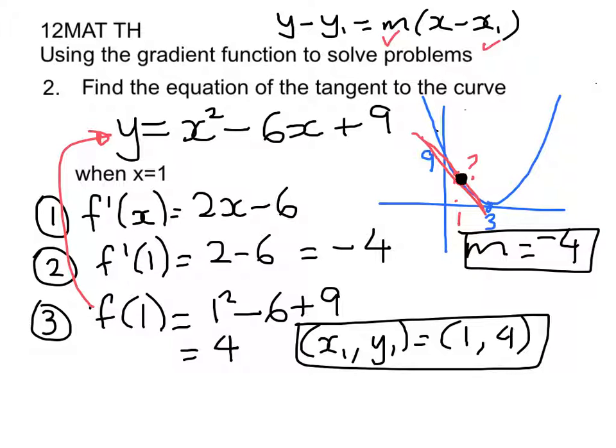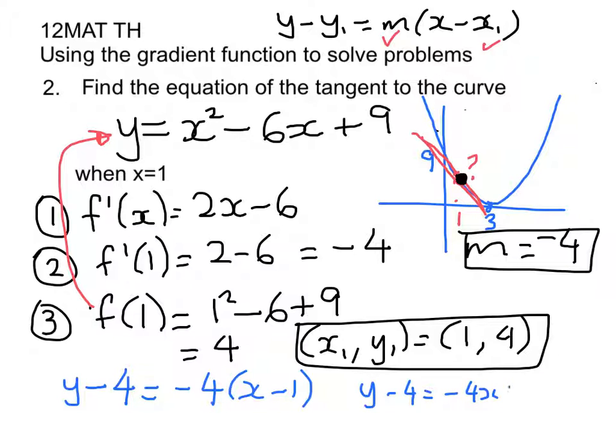I'm going to try and squeeze this in down here. So we get y minus y1, 4, is equal to negative 4 times x minus 1. Now, rewriting that, I get y minus 4 equals negative 4x plus 4.